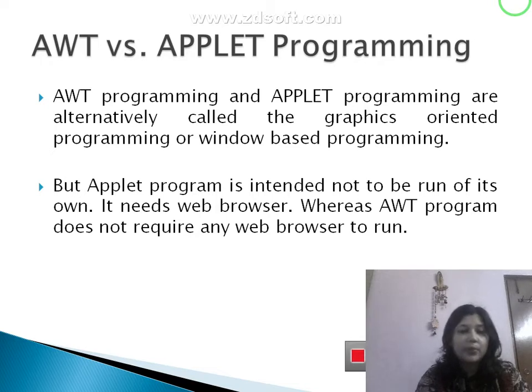It needs a web browser or applet viewer, whereas an AWT program does not require any web browser at all to run. It's similar to core programming in this sense. So this is the basic difference between applet and AWT programming.